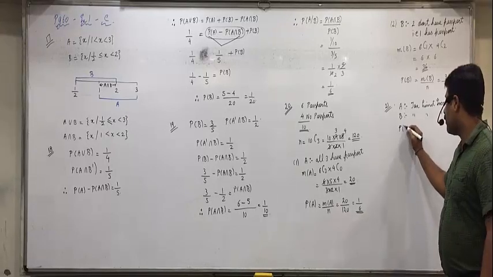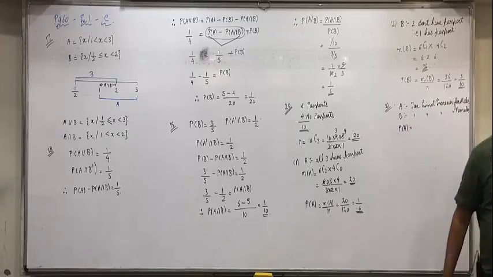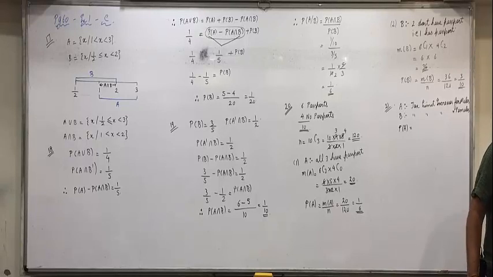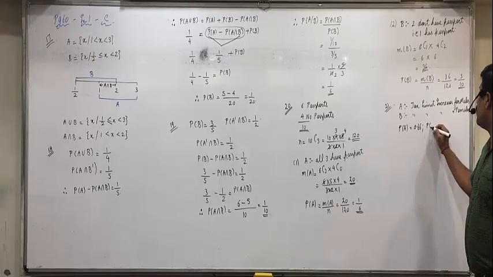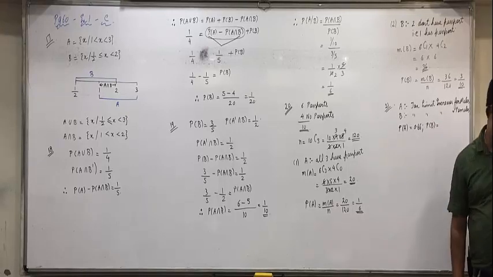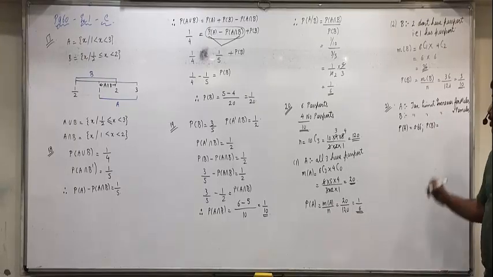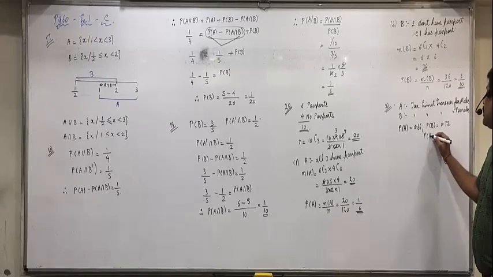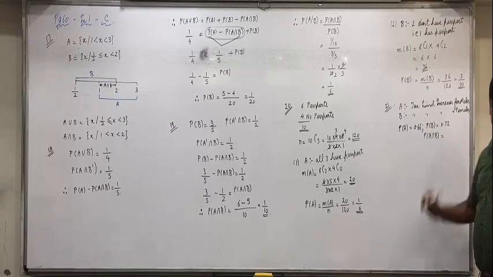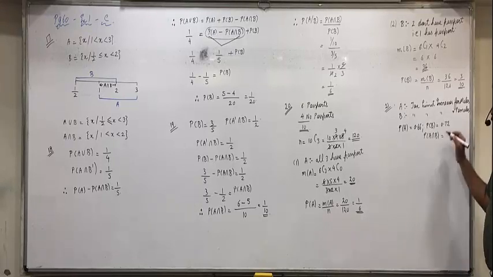Now P(A) is directly given, 0.66. P(B) directly given, 0.72, and P(A intersection B) directly given, 0.47.